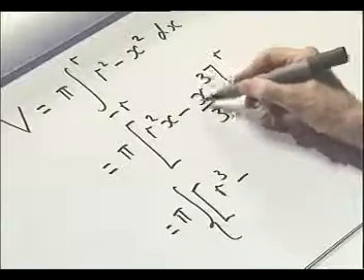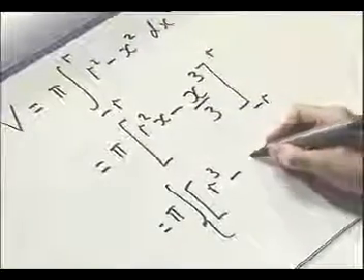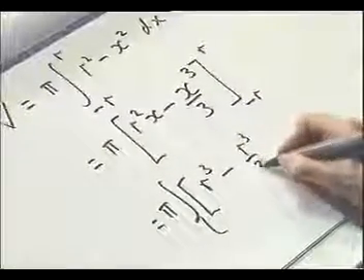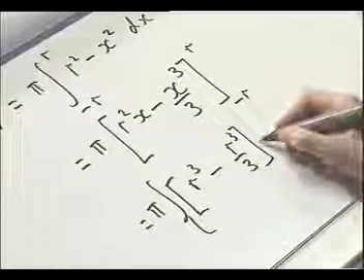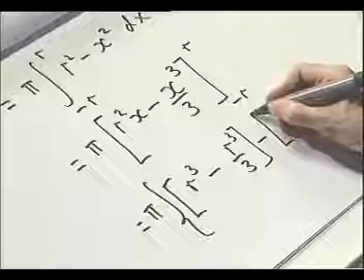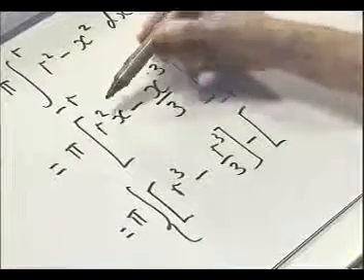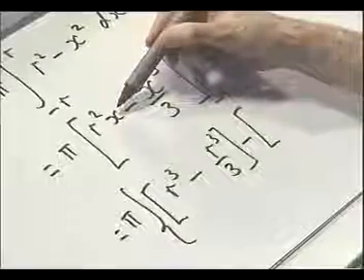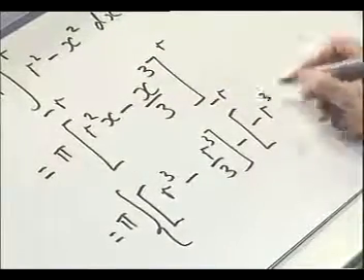Minus, now I've got x cubed, so that's going to be, when x equals r, r cubed over 3. Close the bracket, minus, and open another square bracket, and this time we're putting minus r in. So we have r squared times x, which is minus r, and that gives us minus r cubed.